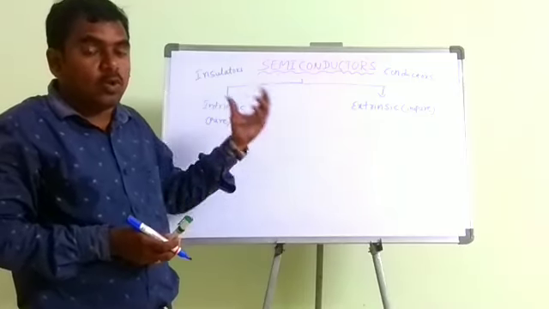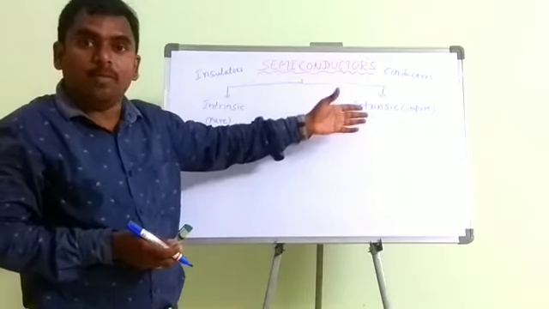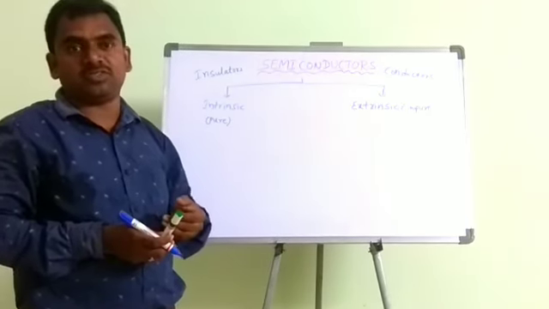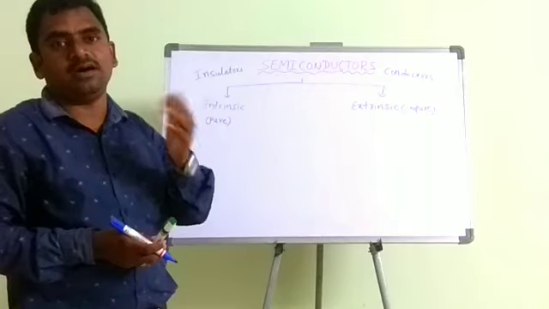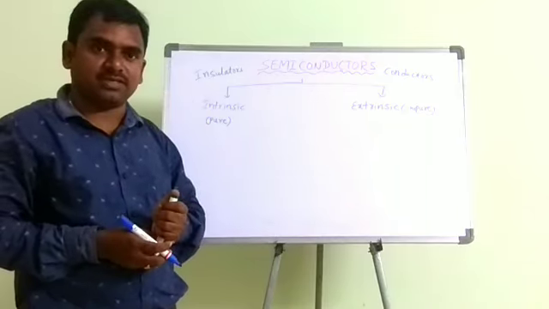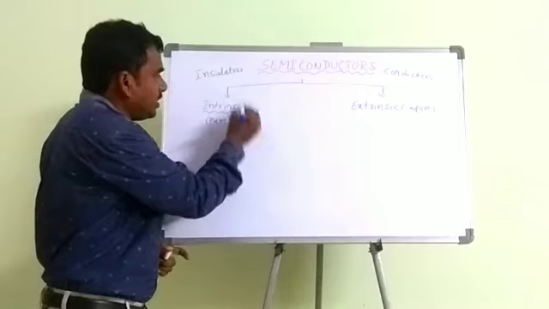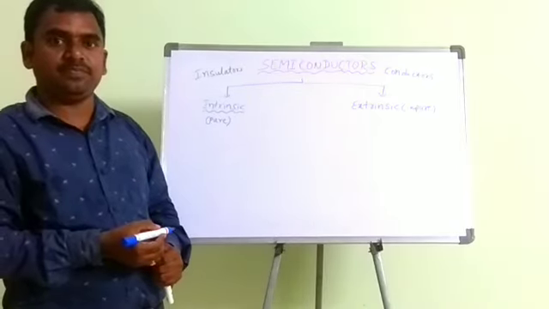That is, we may add boron or phosphorus atoms to the silicon or germanium semiconductors. First of all, I would like to tell about the intrinsic semiconductor.